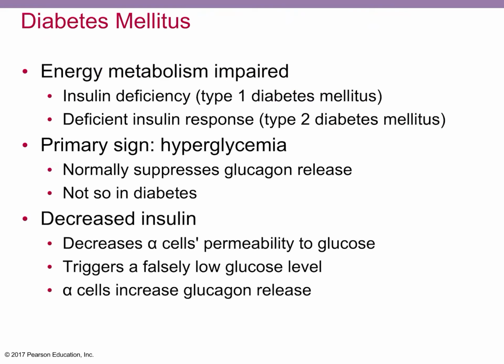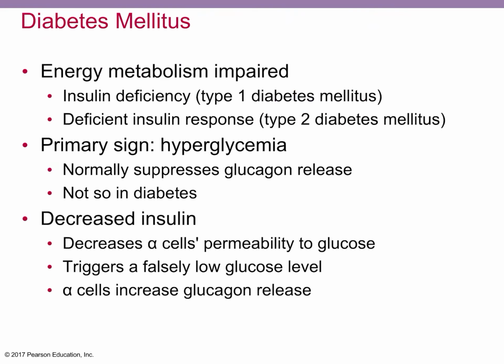All right, so for diabetes, energy metabolism is impaired. There is an energy deficiency for type 1 diabetes, insulin deficiency in type 1 diabetes mellitus. So your body in type 1 diabetes does not make enough insulin, and so therefore your body cells don't take up the glucose, and the glucose remains in the bloodstream.